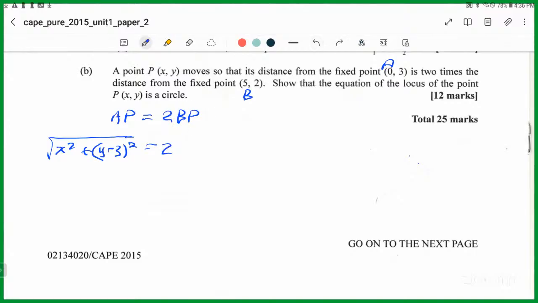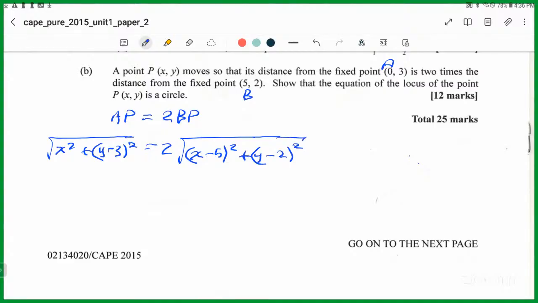BP now is the square root, between this and this now. That's (x minus 5) squared and (y minus 2) squared.